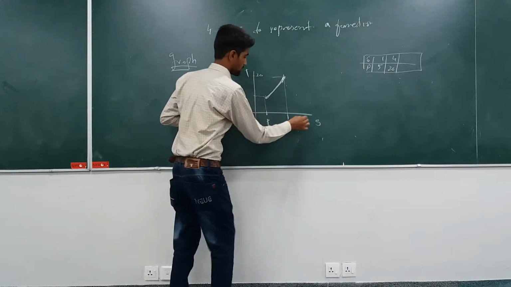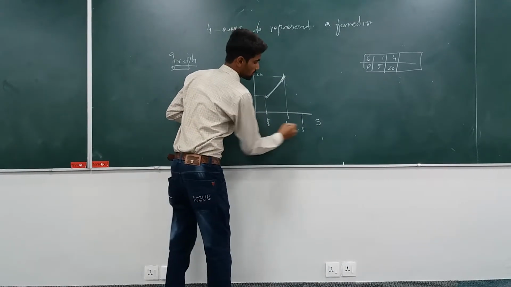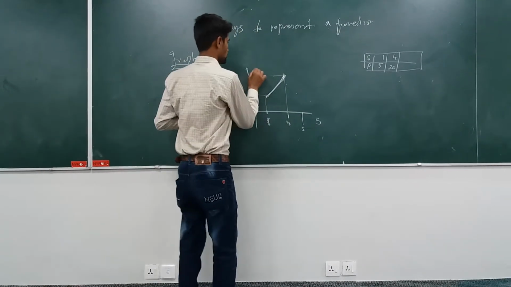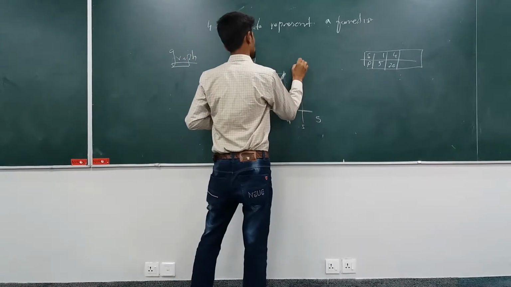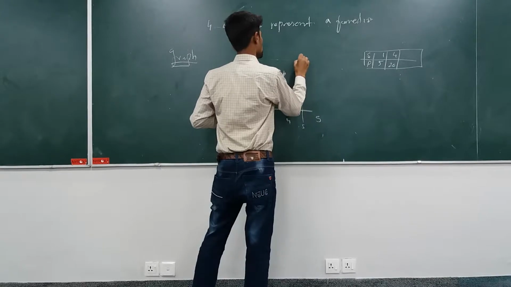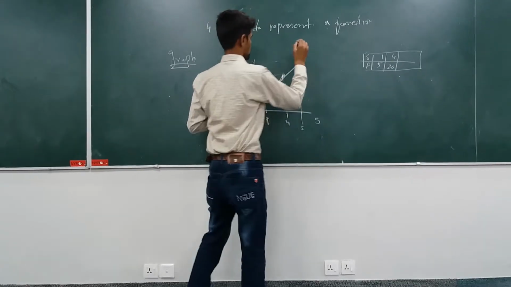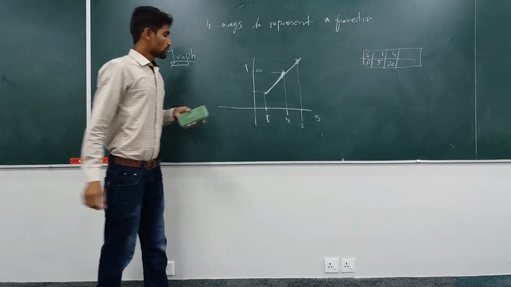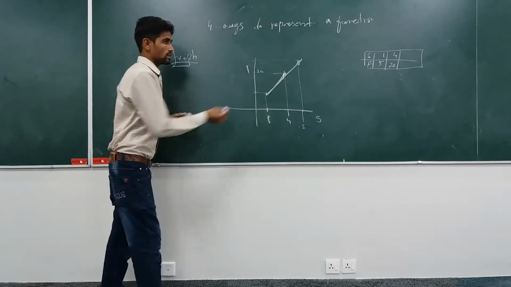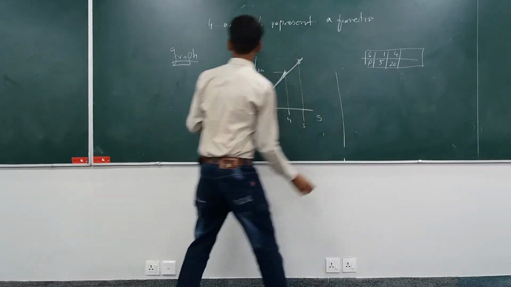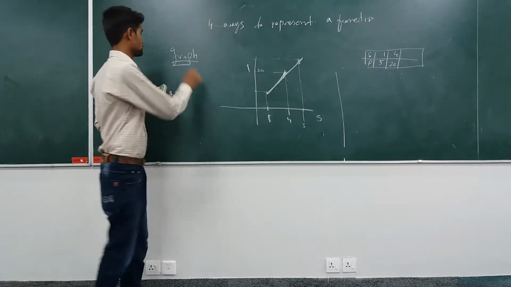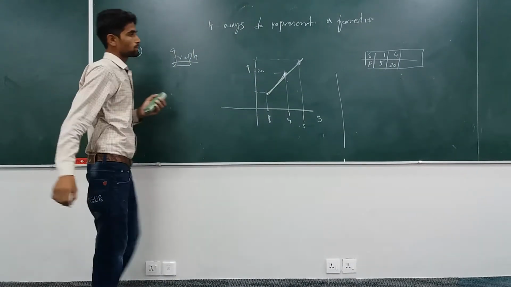If I take a 5 meter stick, there will be 25 pencils. So it will be a straight line, with a slope. This is the graphical method, the third method.